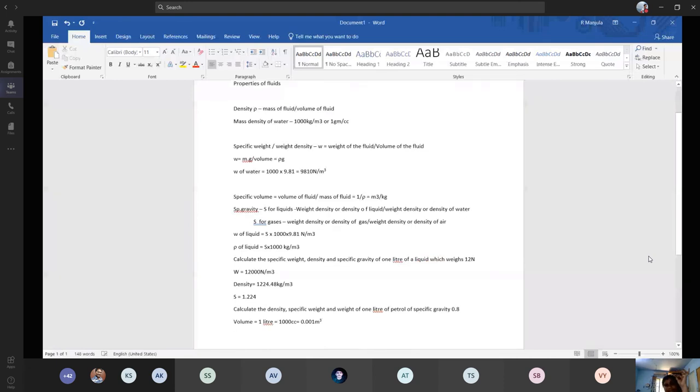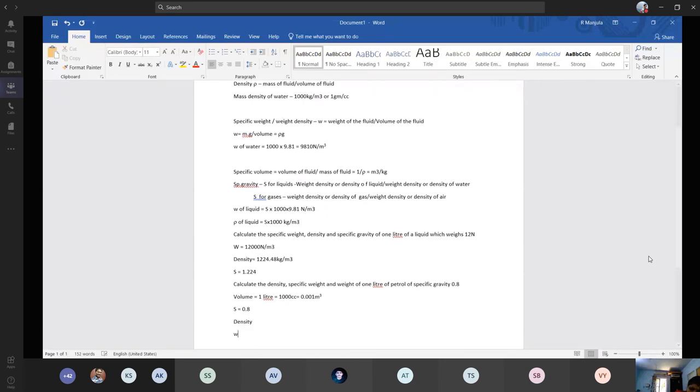1 liter is equal to 1000 cc or 0.001 meter cube. Now you know the volume, and specific gravity is given as 0.8. Now calculate the density, and then density, specific weight, and weight.